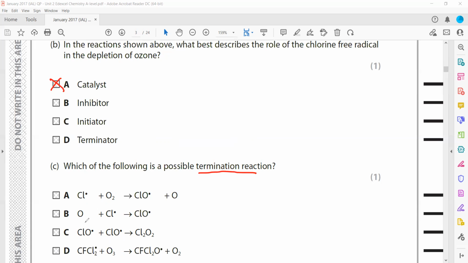C involves two free radicals joining to form a molecule. So C will be the right answer. So initiation is when free radicals are produced, whereas termination is when free radicals combine and form a molecule.